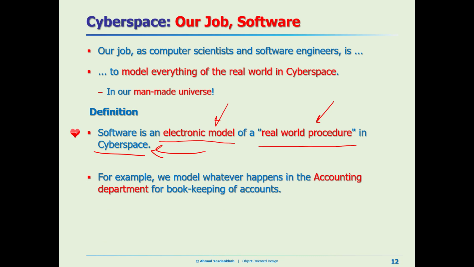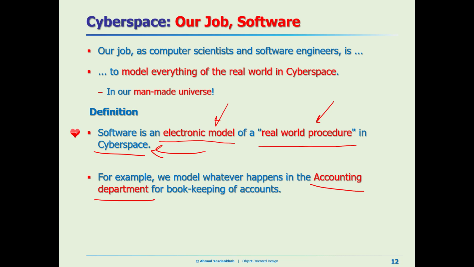For example, if you write an accounting program, it means that there is an accounting department somewhere physically, that they have some procedures, and we actually model or simulate the whole procedures of the accounting department inside the cyberspace, and we call that a software.